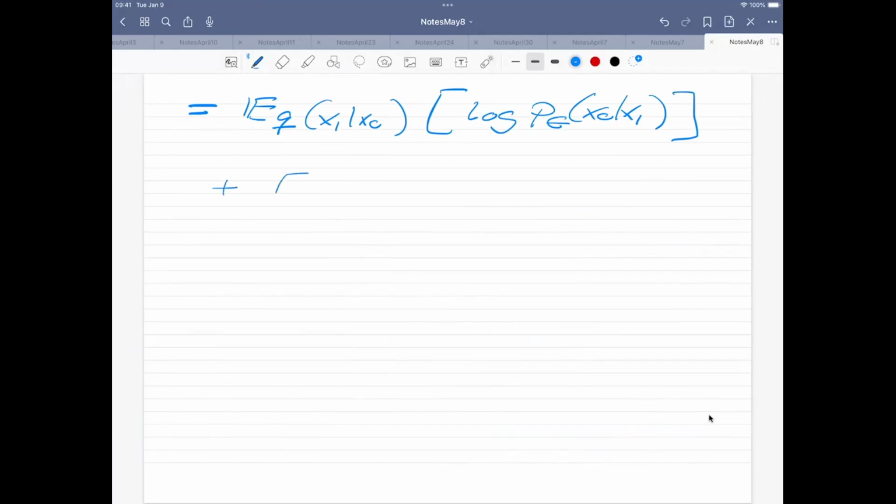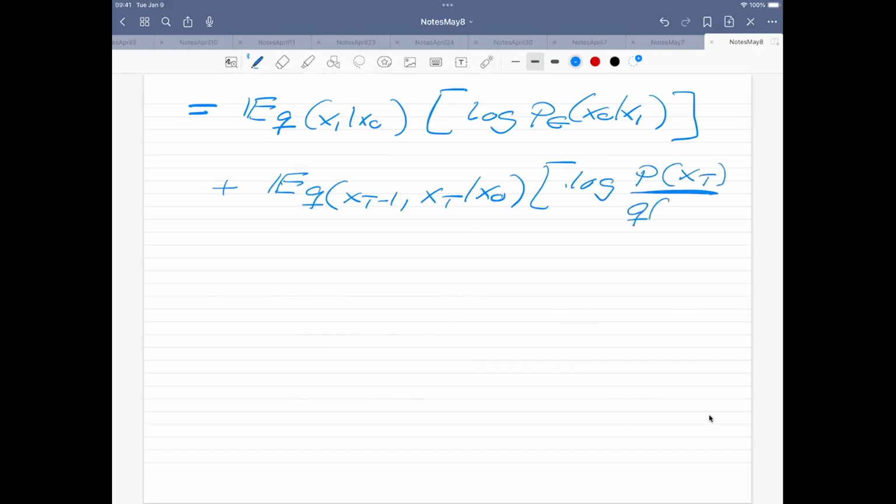Then we have a new term which will depend only on xt minus 1, xt given x0, and it has log of p of xt divided by q of xt given xt minus 1. So these are the only data points which we need when we are generating that probability.